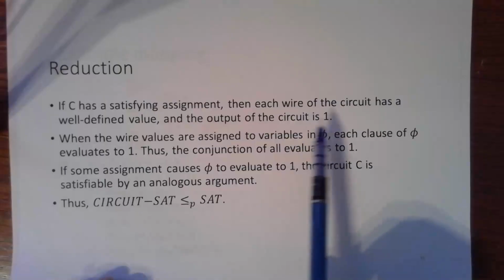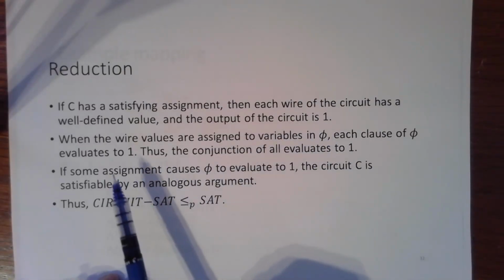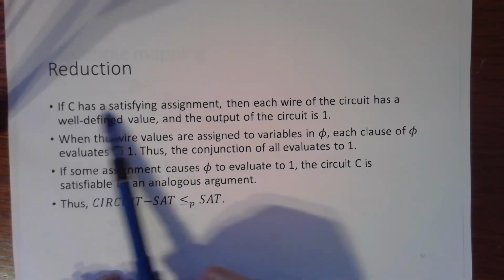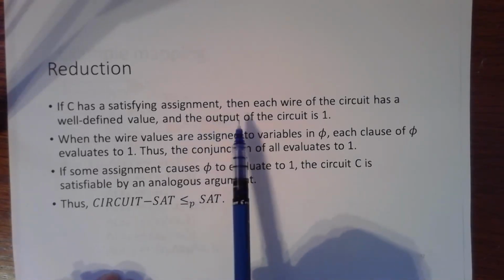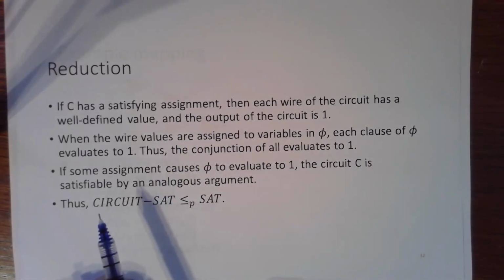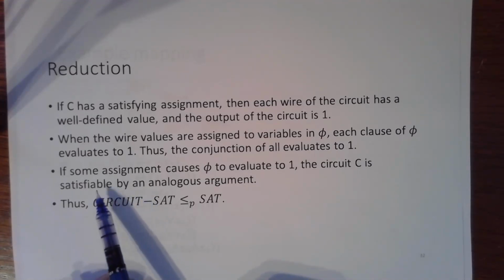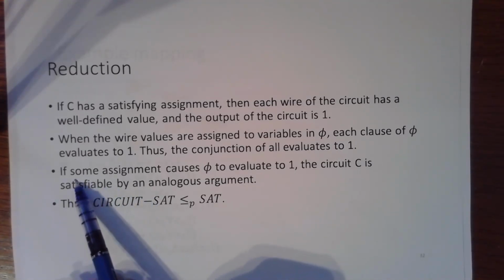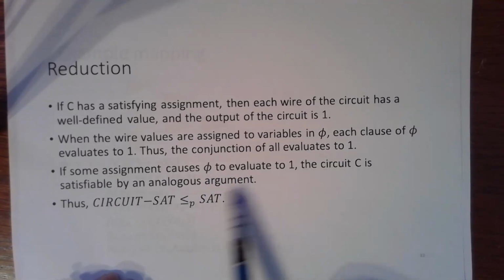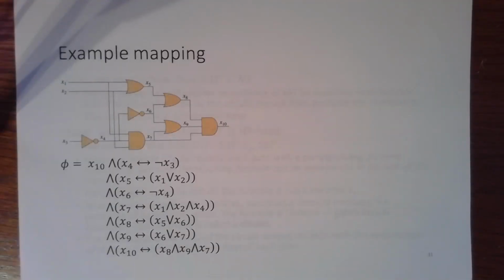So the output of the circuit will be 1, and so if it's satisfiable, then the formula will be 1. Now if we go the other direction, if some assignment causes it to evaluate to 1, then the circuit would be satisfiable.